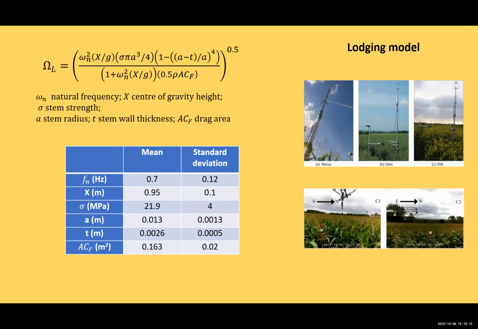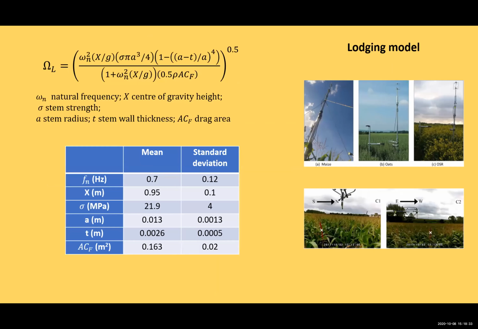And we can also, if we think just about stem lodging, get a fairly simple formula for the wind speed at the top of the canopy at which crop would lodge. And that formula is given there in terms of plant parameters, agronomic parameters.